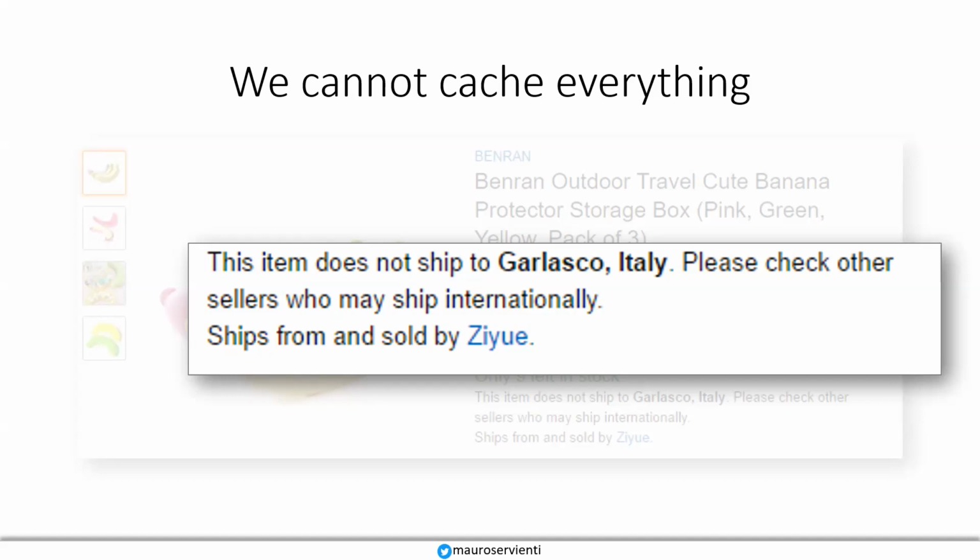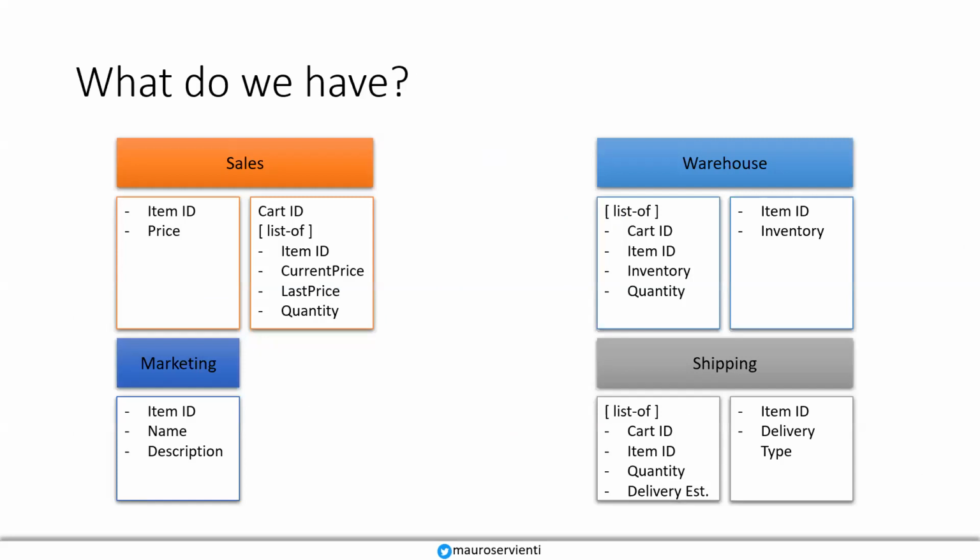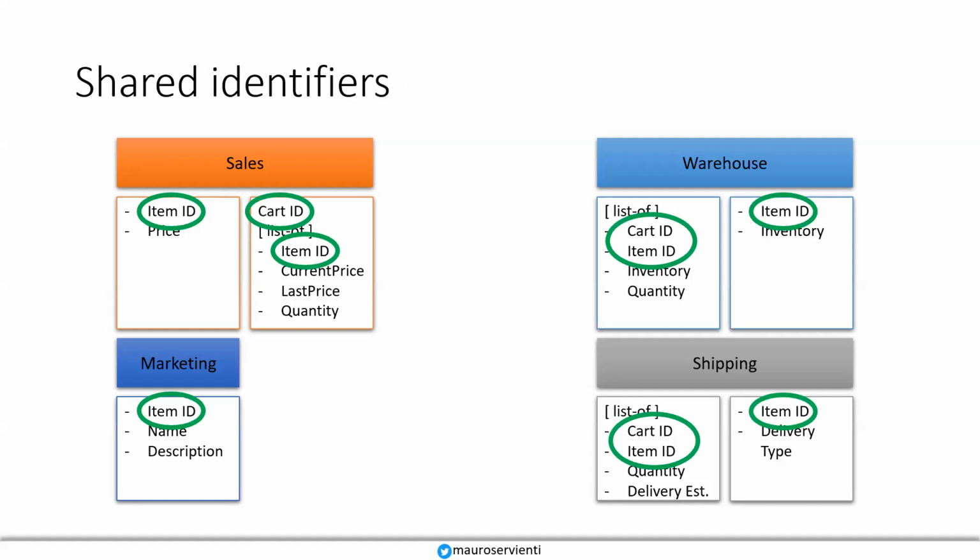So let's go back for a second to the drawing board. And let's look at what we have where we left off, when we assigned every single component the responsibility for their own data. The thing that we should notice here is that we have shared identifiers. So basically, the item ID is not going to change.